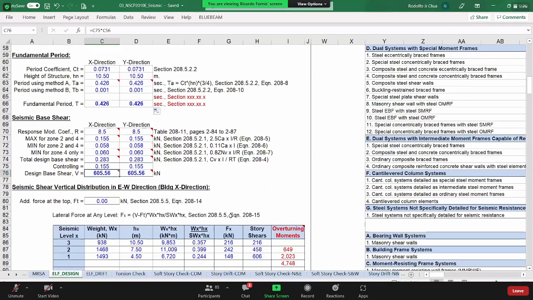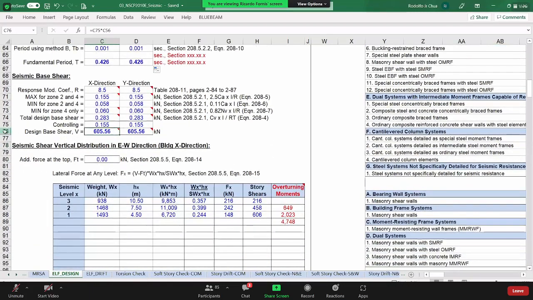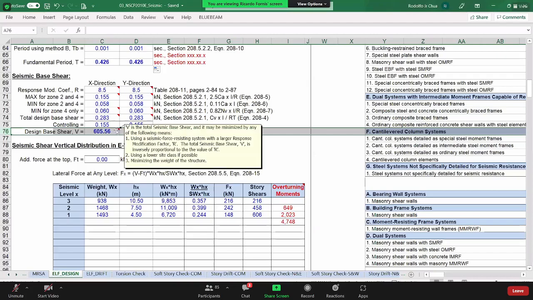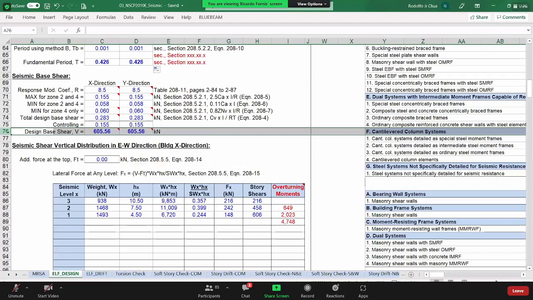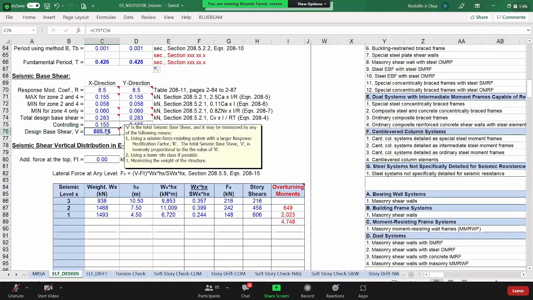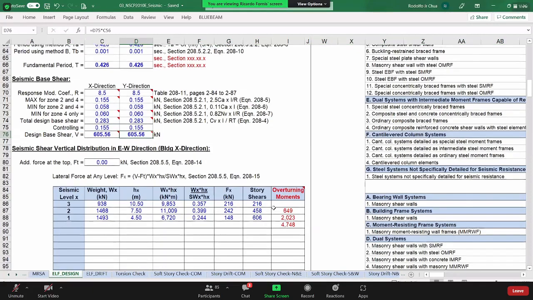So the next step, since we have determined the design base shear, this design base shear, by the way, is the total seismic force on the structure based on the seismic parameters we considered. Now, the next step is to distribute this force per level.